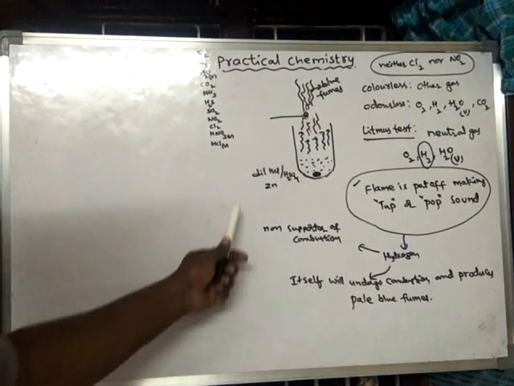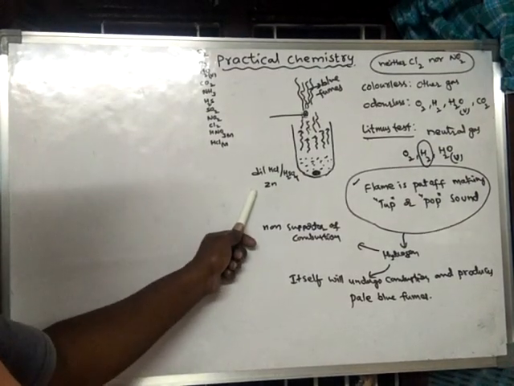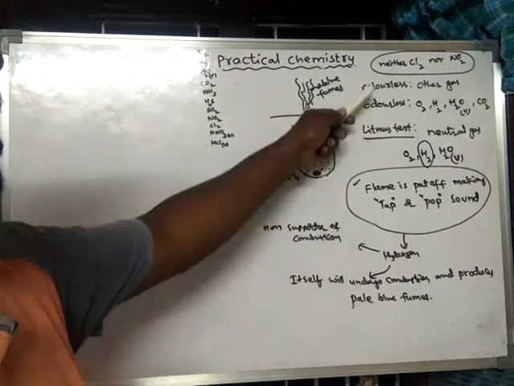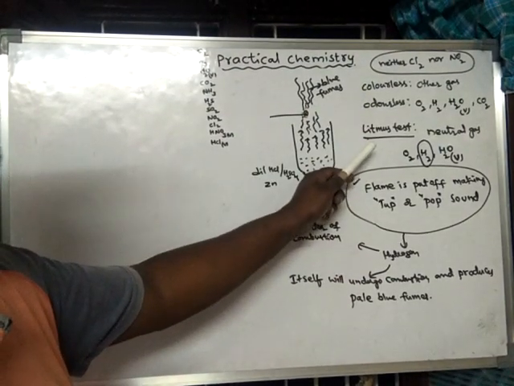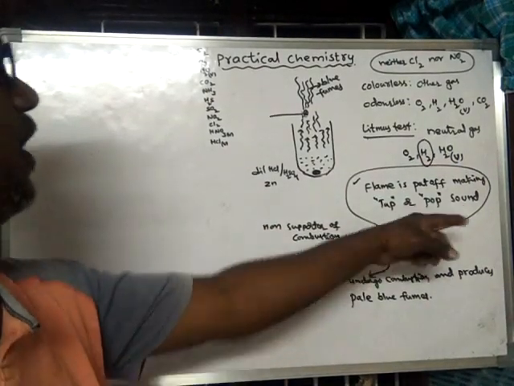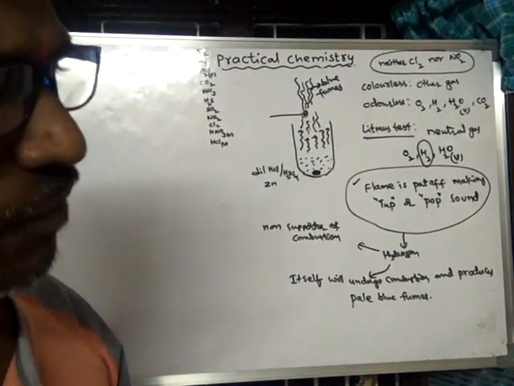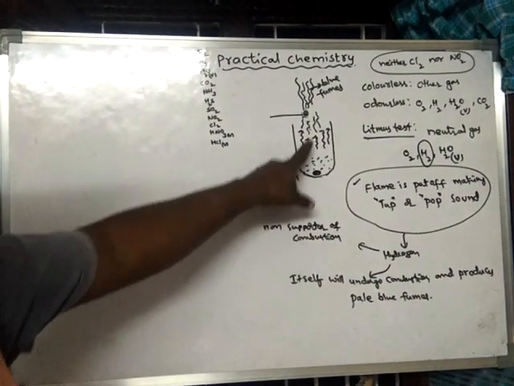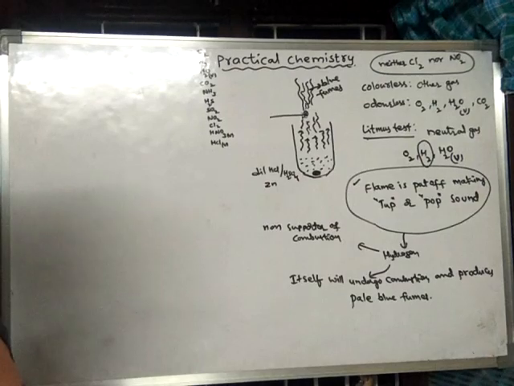For the time being, this is just a simple test. So from this it is understood that hydrogen gas is a colorless, odorless, litmus neutral gas, and it puts off the flame. The only gas which puts off the flame making a tuck or pop sound is hydrogen gas. So the evolved gas is hydrogen gas.